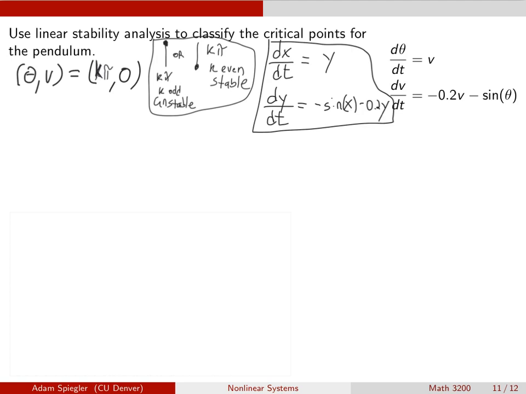If I want to classify each of these equilibria as stable or unstable, what we can do is find the Jacobian, which is the matrix of partial derivatives.